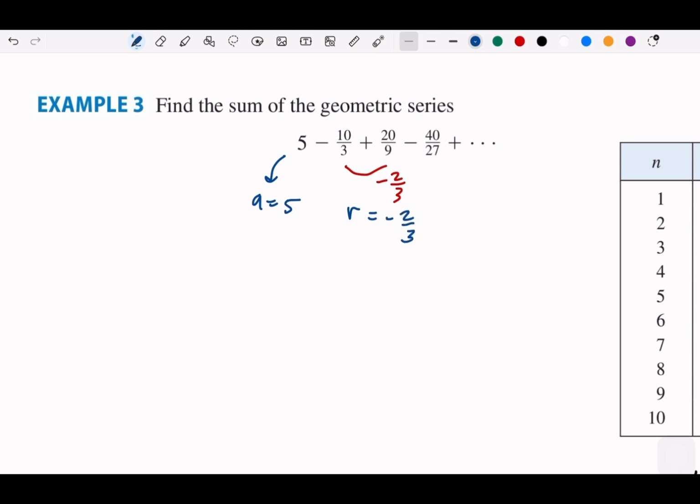The absolute value of r is 2/3, which is less than 1, so the series should converge. We could just immediately take that action, and if we need to find the sum, then since the series converges, my writing is so bad.